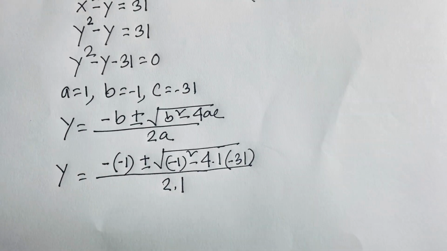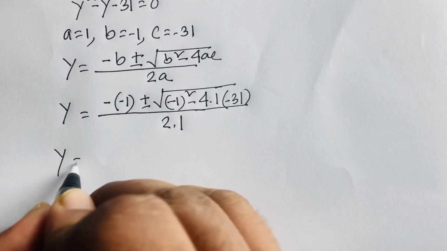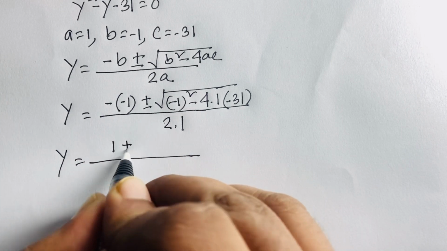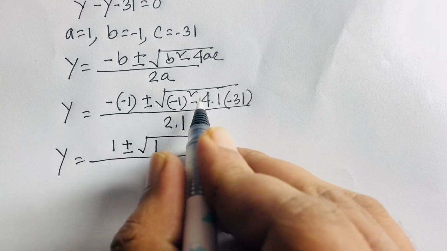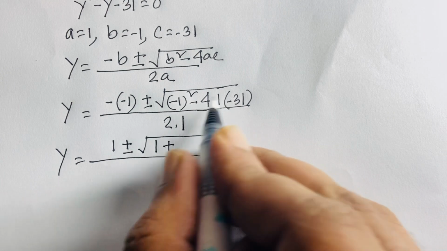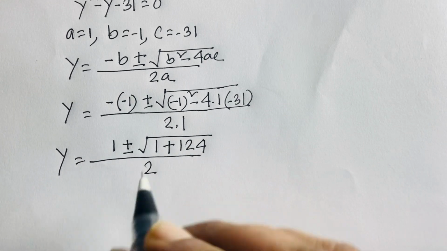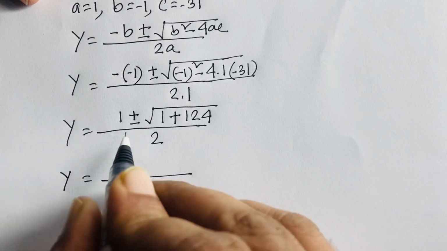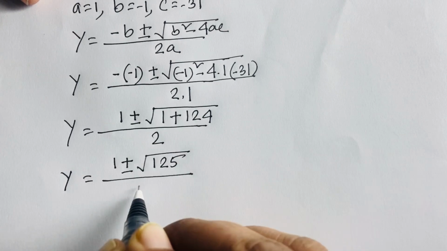Then y is equal to, minus minus will be plus, so 1 plus minus square root of minus 1 whole square, it will be 1, and minus minus will be plus 4 times 31, it will be 124, over 2. Then this equation becomes y is equal to 1 plus minus square root 125 over 2.